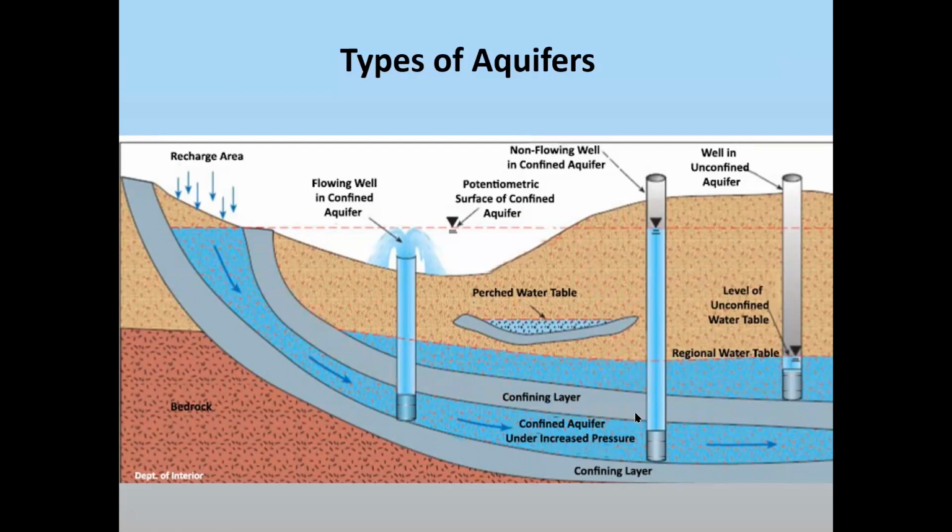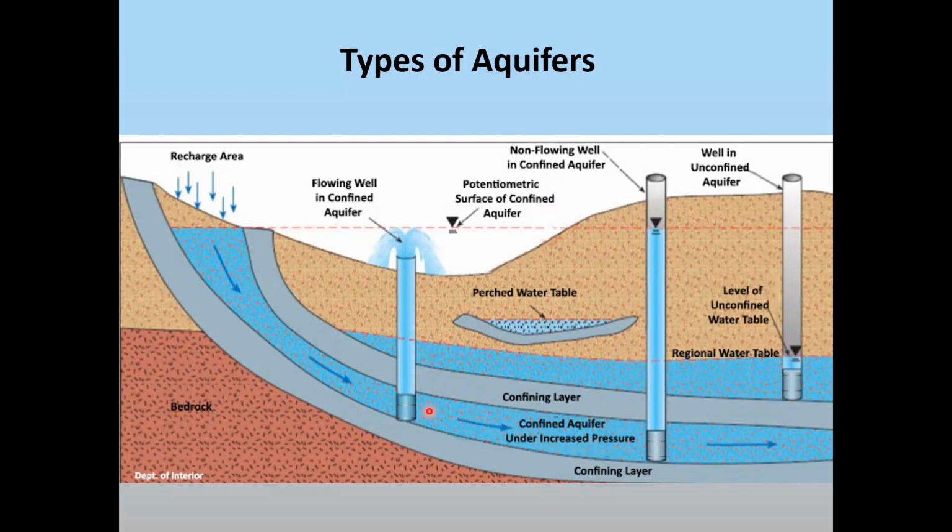And this is either some sort of compacted soil or very hard, almost impenetrable geology. And so the shallow water tends to be less protected from any surface contamination than a confined aquifer.